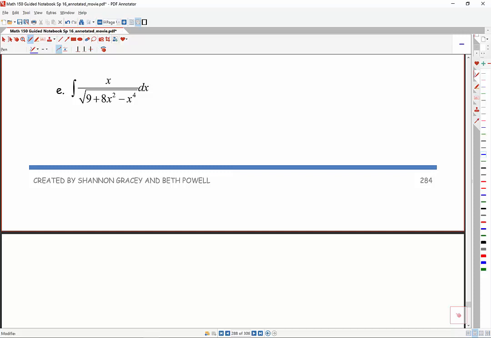Okay, so again, I'm thinking, hey, this looks like a potential complete the square, u sub type of thing. So I'm going to complete the square first.